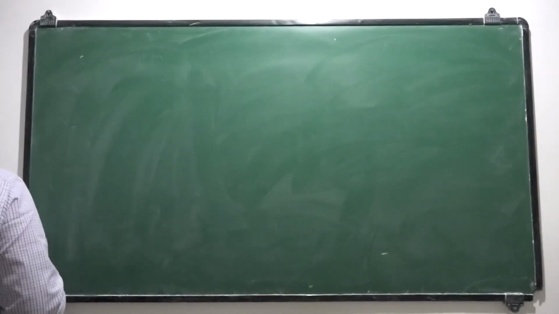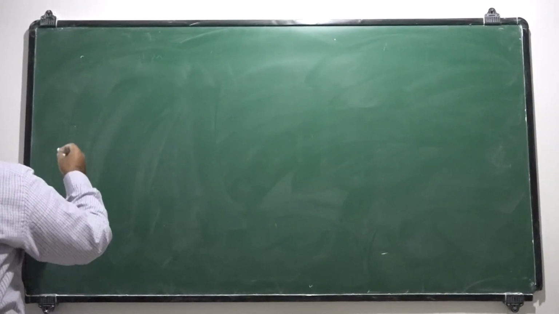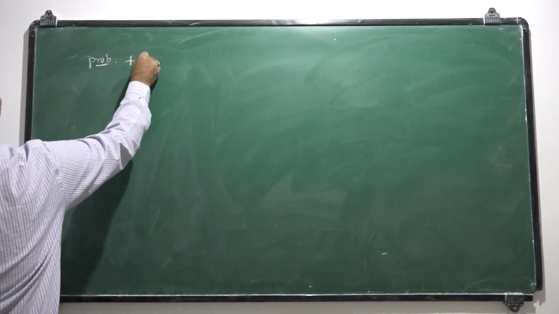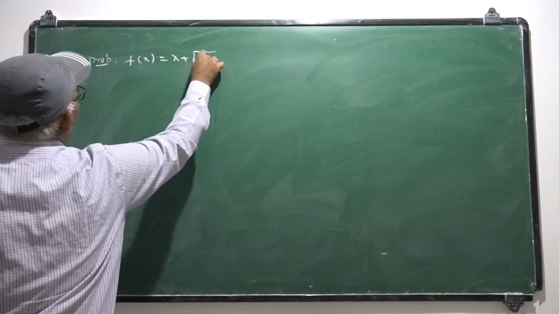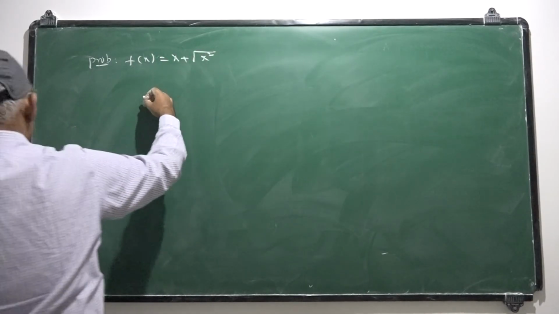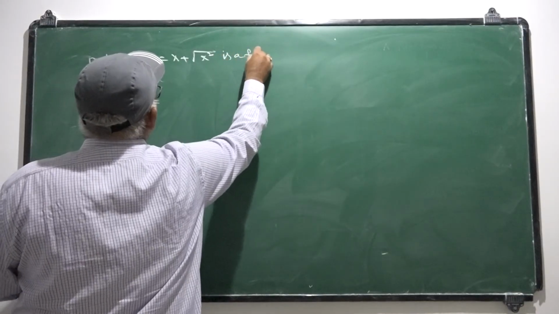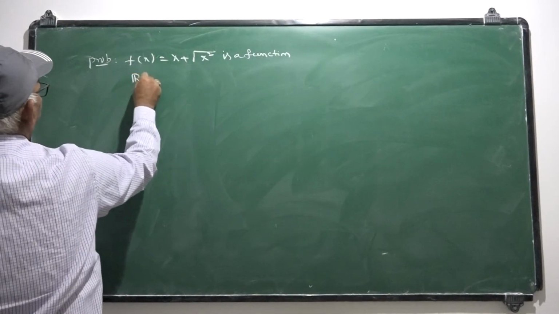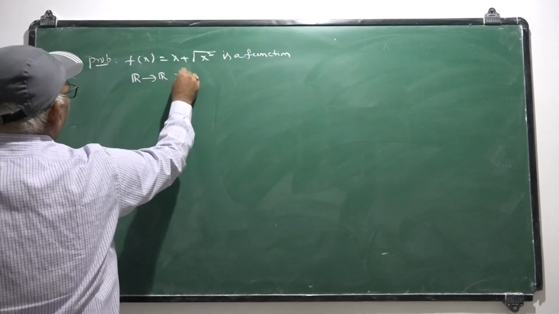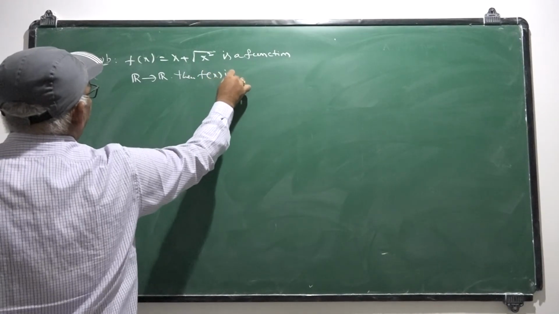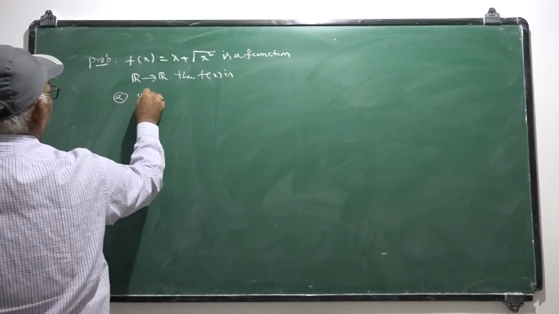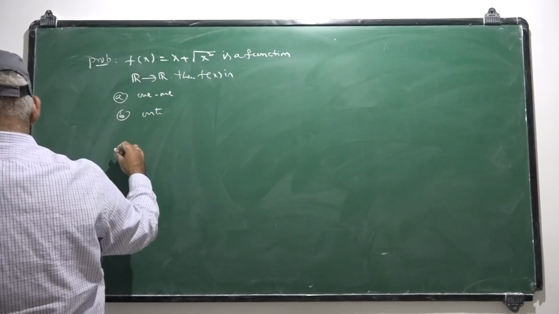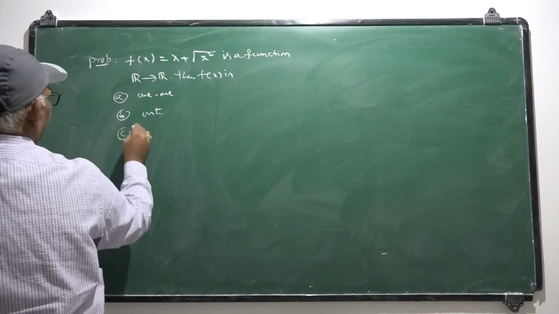Let us take one more problem. f(x) is given as x plus square root of x square, a function from R to R. Then f(x) is, A, 1-1, B, onto, C, bijective, D, none.